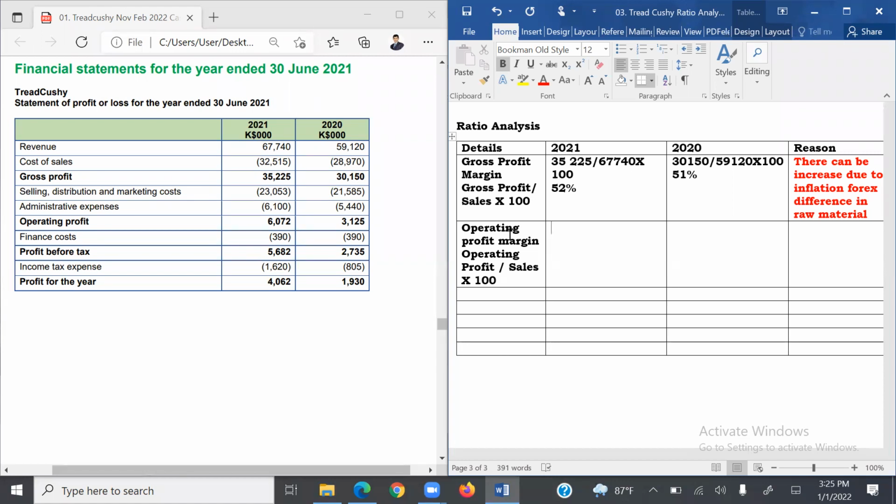So students, the operating profit is 6072, which is in bold, divided by the sales, which is 67,740, and I'm multiplying that by 100. So 6072 divided by 67,740 multiplied by 100.